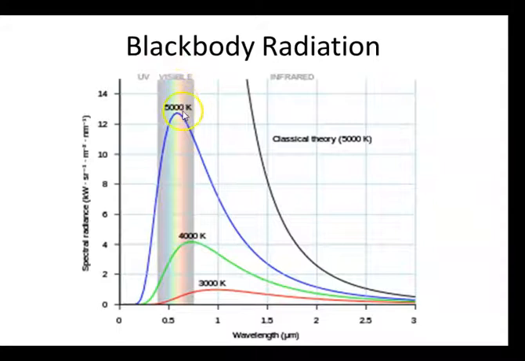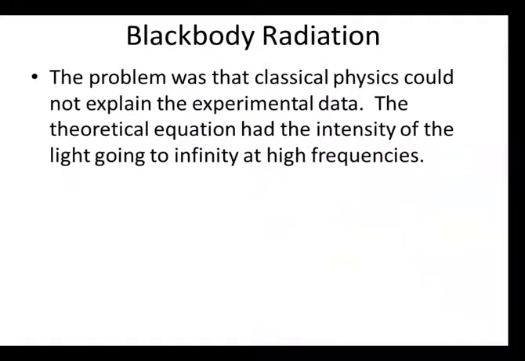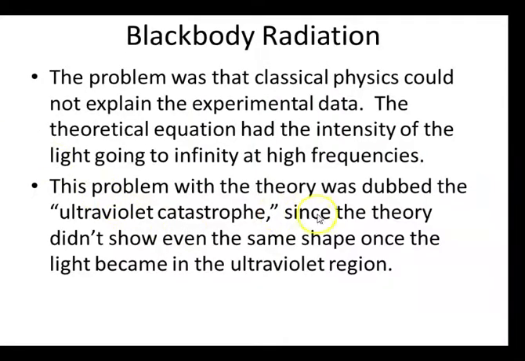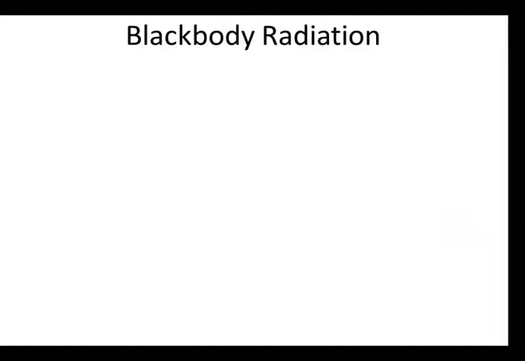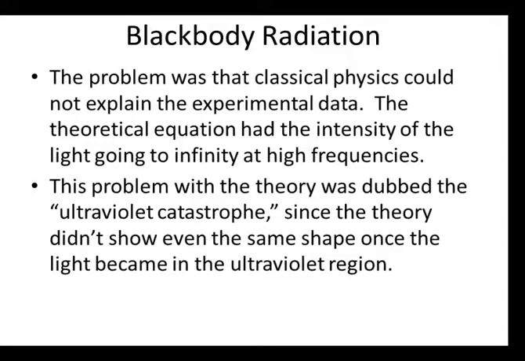So this equation doesn't work at all for ultraviolet. It got this name since the theory didn't show even the same shape once the light became ultraviolet. Okay, so that's our problem. The theory, physics, isn't matching reality. So the physics must be wrong. So what is the right physics?